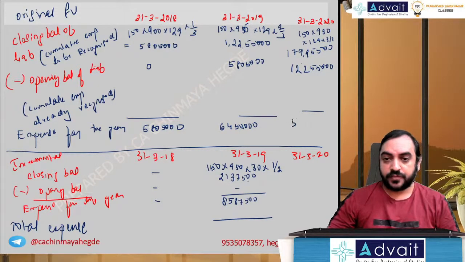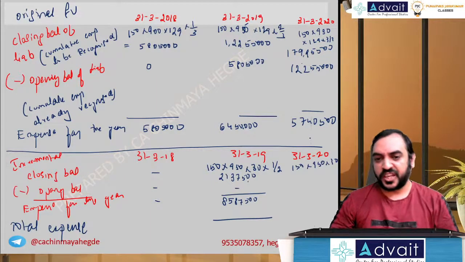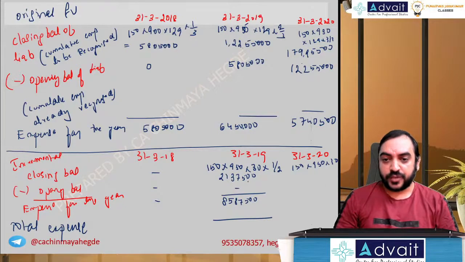57,40,500. And for this incremental, you can do 150 into 930 into 30 into 2 by 2. Finally, only 930 people have vested.